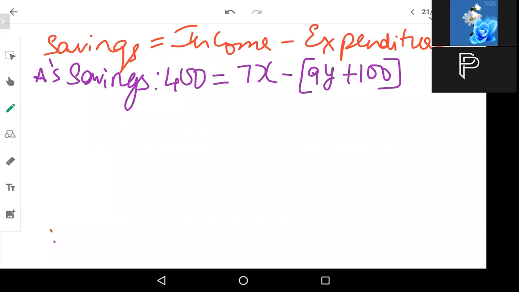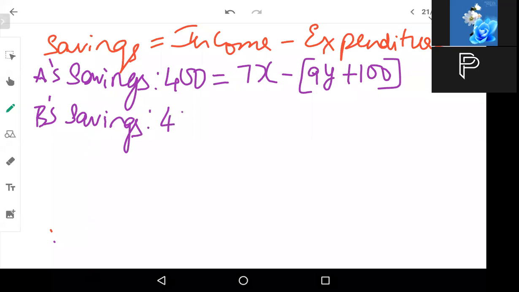Only when A spends 9y plus 100, that is when he will be able to save 400 rupees. Okay, did you all understand this first equation?